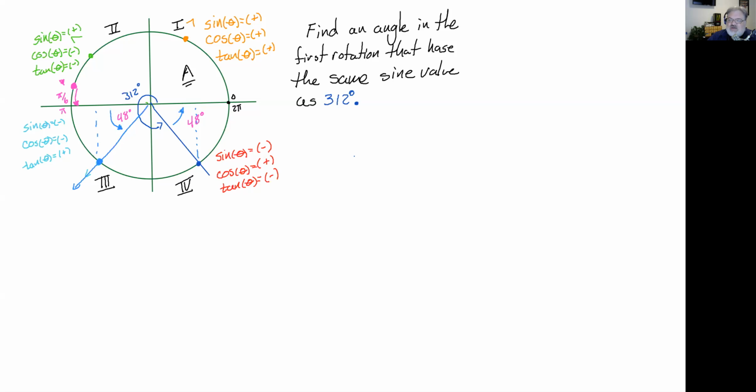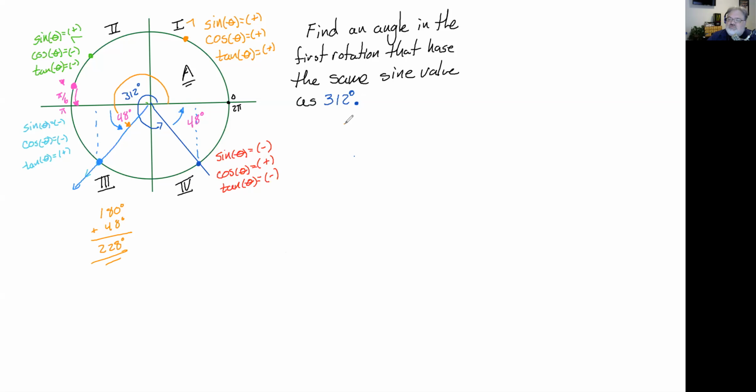If we know that that reference angle is 48 degrees, then if we want the angle in standard position for that ray, it had better be 180 plus that 48. So 180 degrees plus the 48 degrees is going to give us what, 228 degrees? The sound effects help, I think.